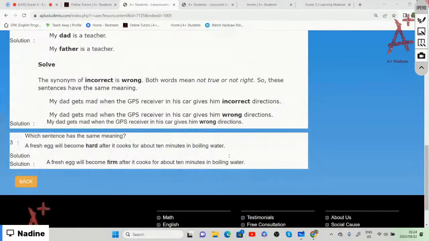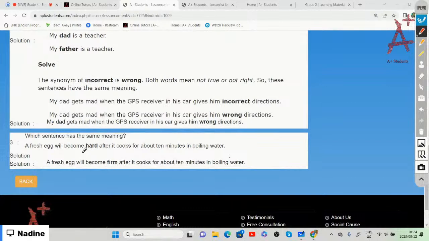A fresh egg will become hard after it cooks for about 10 minutes in boiling water. So we need to find a word similar in meaning to hard, right? Synonyms.